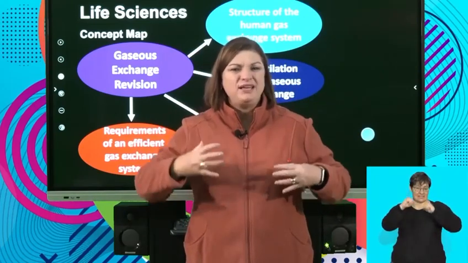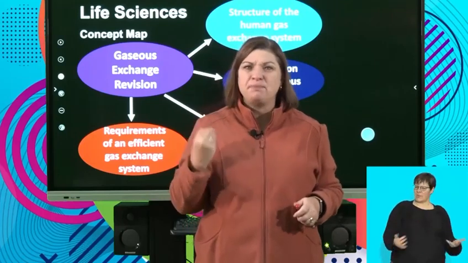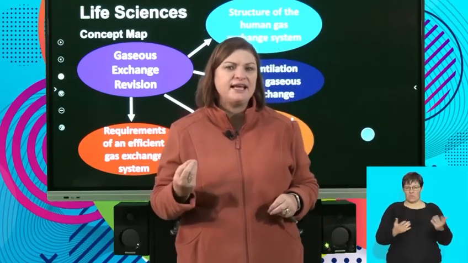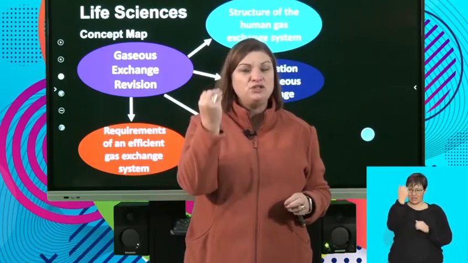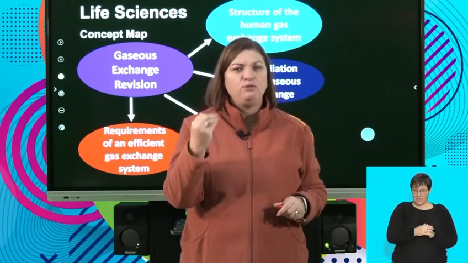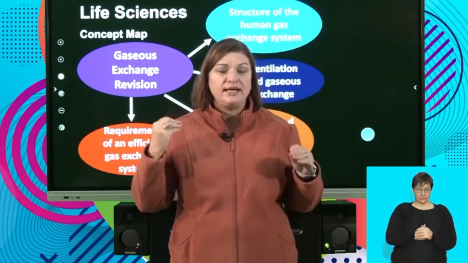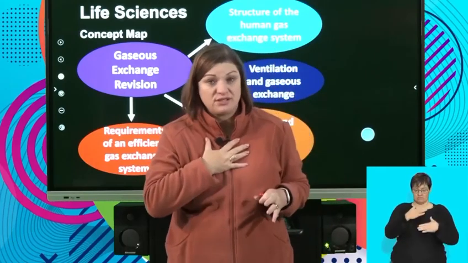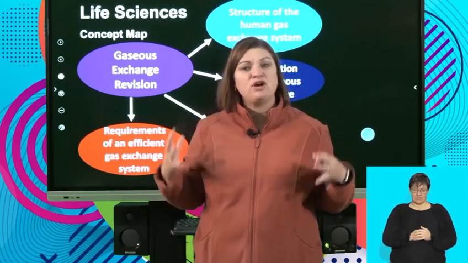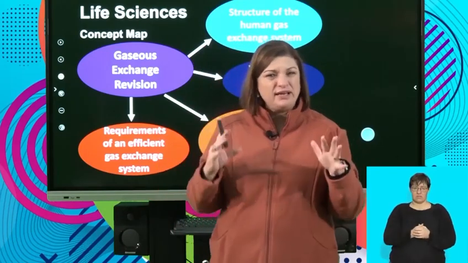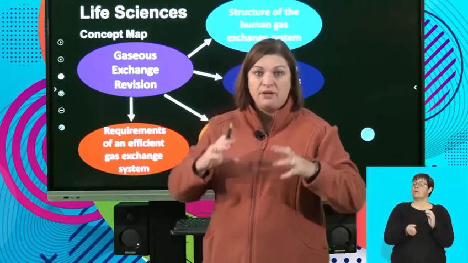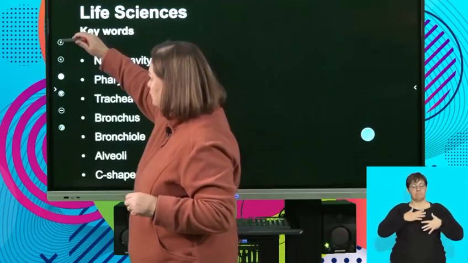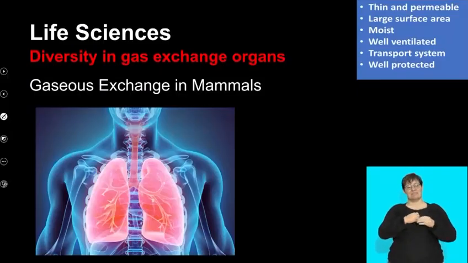But how is it efficient? How is it built? I often say to my kids, think like an engineer. How would you build it so that it would work really, really well? Now we're going to concentrate on our system, our human structure. So let's quickly recap what made up our respiratory system or gaseous exchange system.